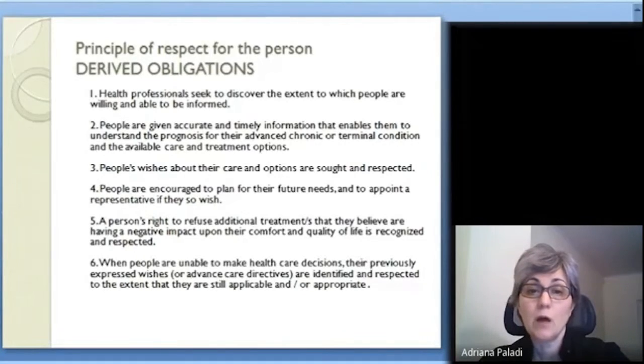When people are unable to make healthcare decisions, their previously expressed wishes, written in an advance care directive, are identified and respected to the extent that they are still applicable and appropriate.